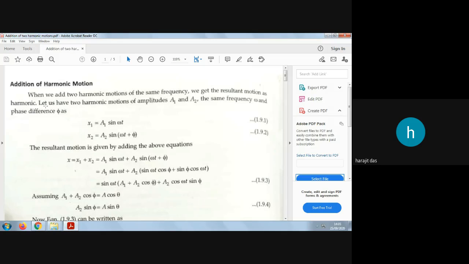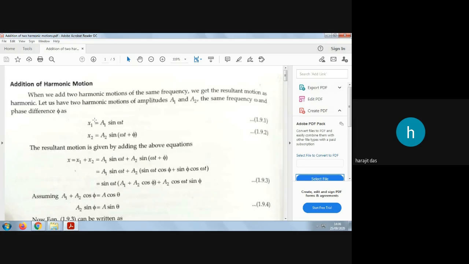Let us assume two harmonic motions whose amplitudes are capital A1 and capital A2, with the same frequency omega, and phase difference is phi. So by this angle phi, this simple harmonic motion has a phase angle with respect to the other equation. In between these two motions of the particle there will be a phase difference of phi.